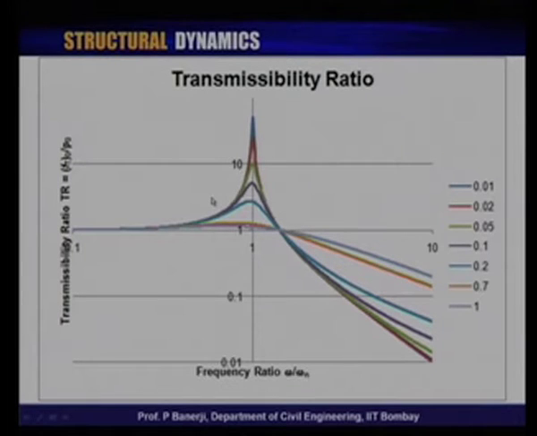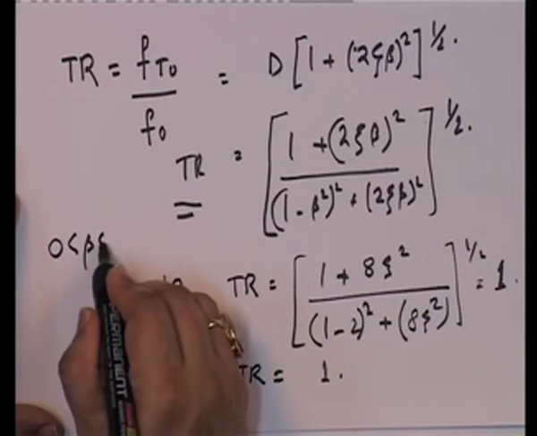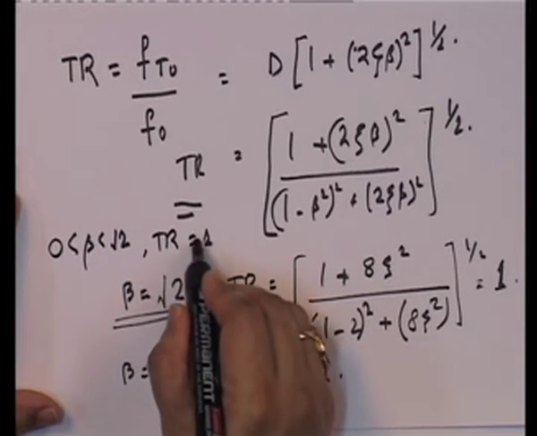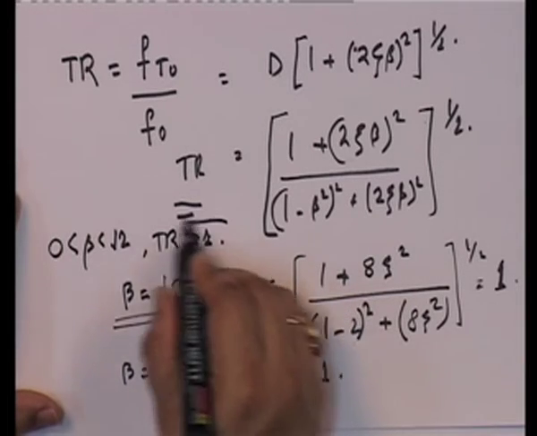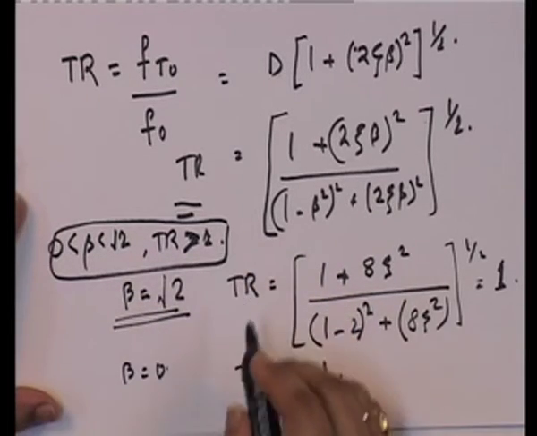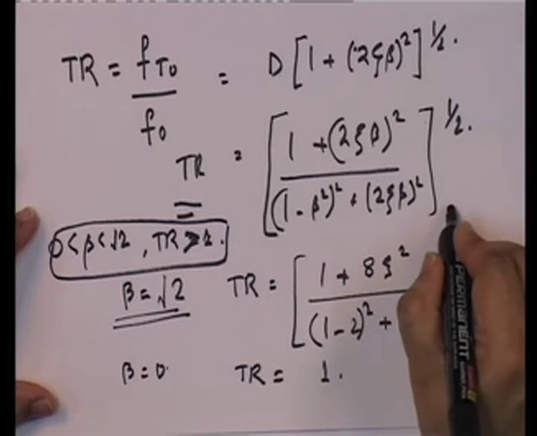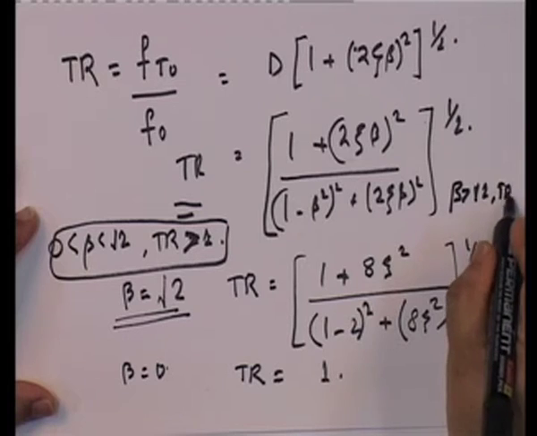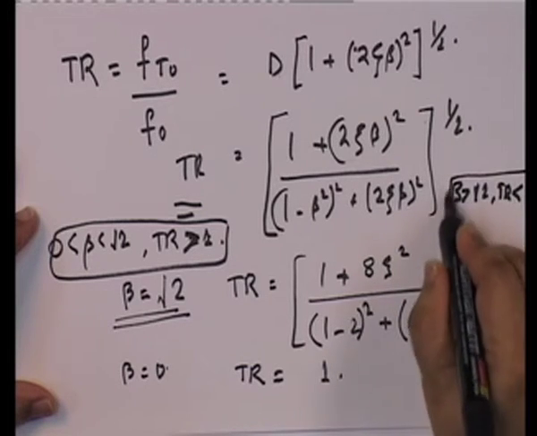In other words, for beta between 0 and root 2, the transmissibility ratio is greater than 1. And for beta greater than root 2, the transmissibility ratio is less than 1.